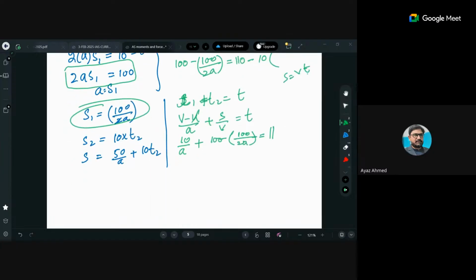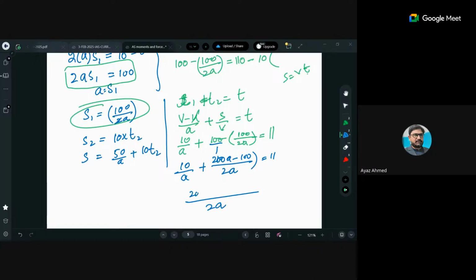So I think now it will be solved. So it is 10 by A plus, if I take the LCM of this, it is 2A, and it is 200A minus 100, equal to 11. Okay, 2A is again the LCM.